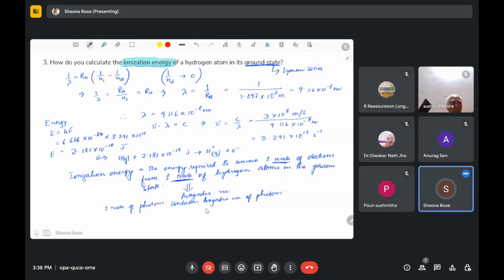So finally what we end up with is that the ionization energy is given by the Avogadro number multiplied by the energy that we have got.